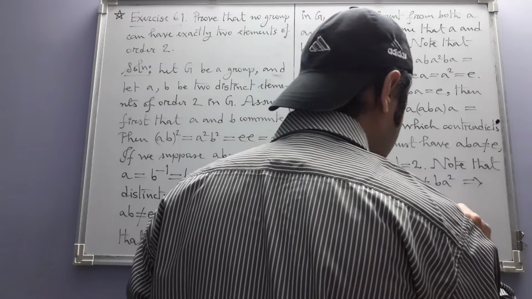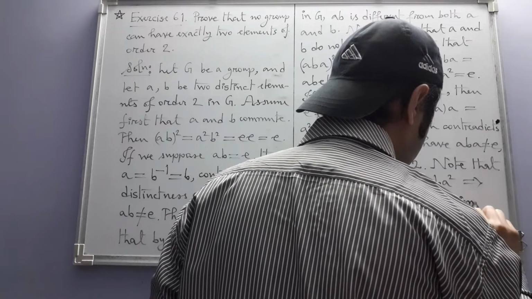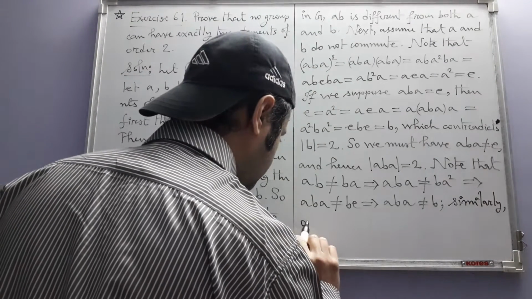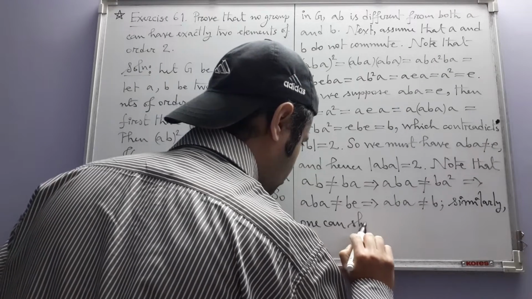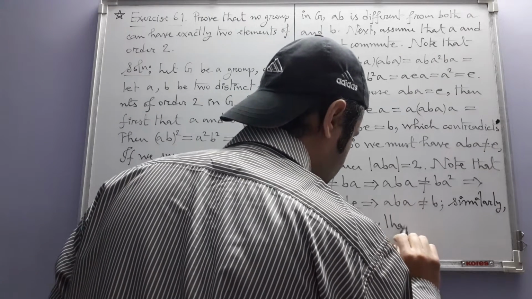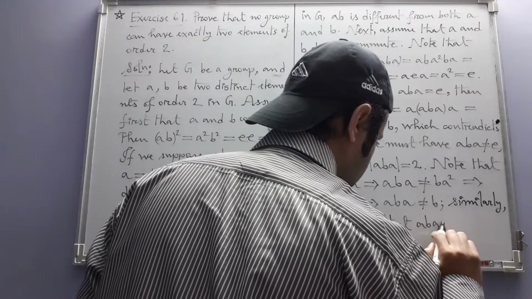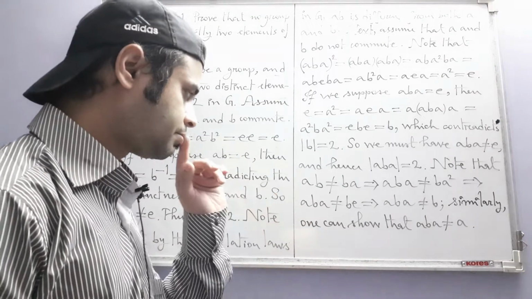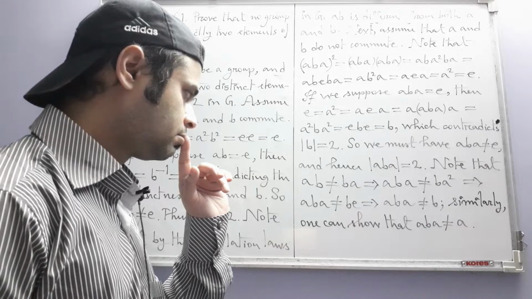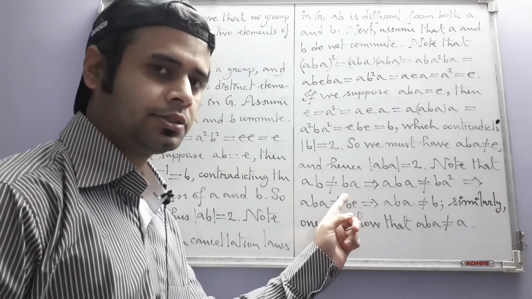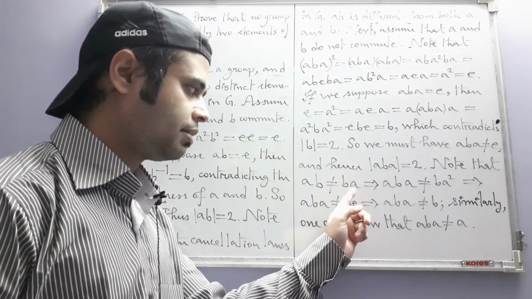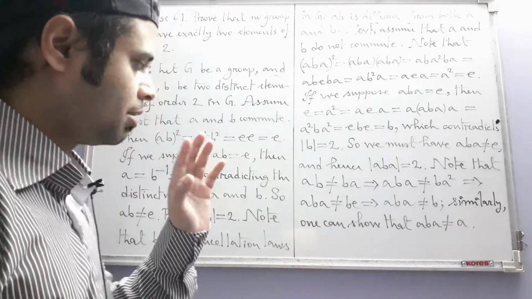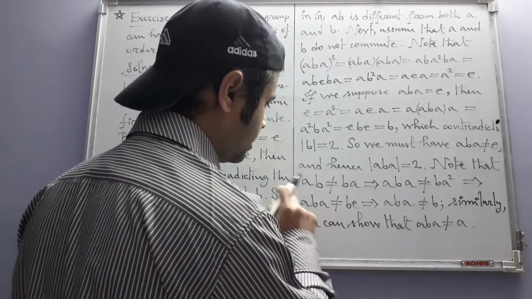Okay, so we have this. Similarly, one can show that ABA is not equal to A. In order to show that, we pre-multiply both sides by A. So on this side we will have ABA, on this side we will have A square B, but then again we are getting B on this side.